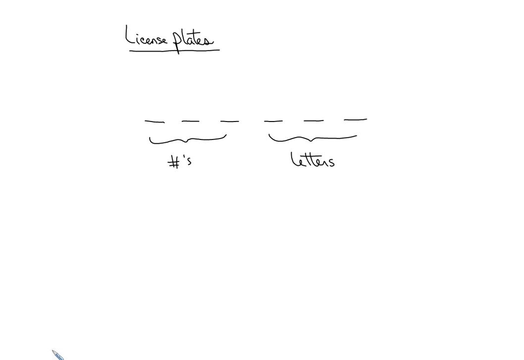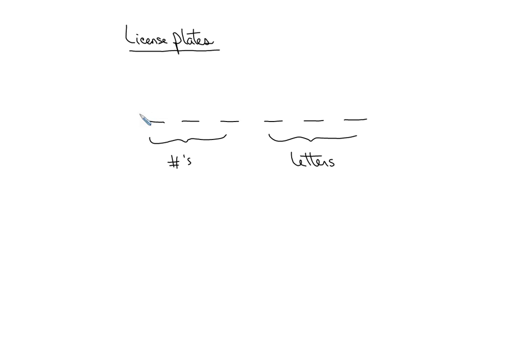We're going to do it this way for purposes of this example. So, each of the first 3 spaces was occupied by a number, a single digit, 0 through 9. And then each of the last 3 places was occupied with a single letter, A through Z. And you could have repetition and things like that.